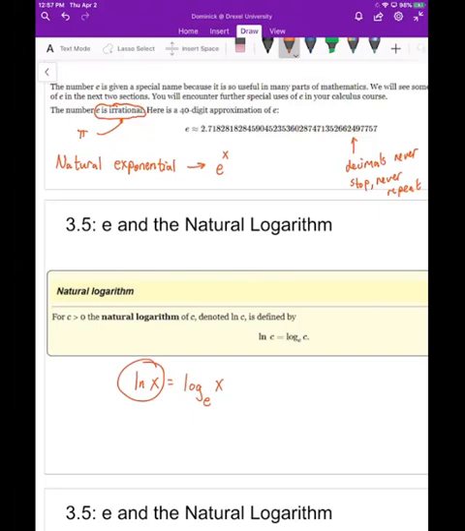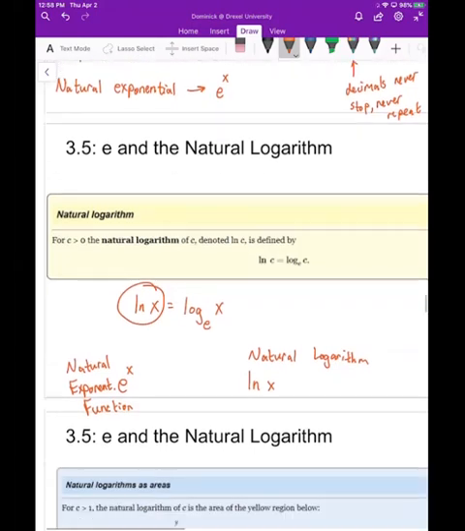So again, you have the e to the x and the ln of x, where e to the x is your natural exponential, frequently called the natural exponential function, and ln of x is your natural logarithm. So these are two things that come up very frequently in math, and especially in a calculus setting. You'll see this all the time.